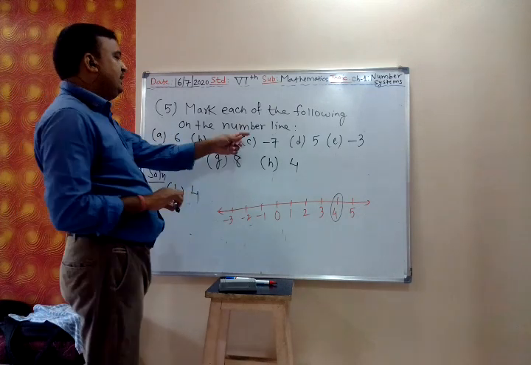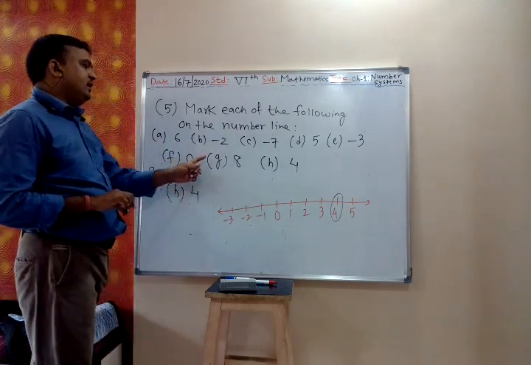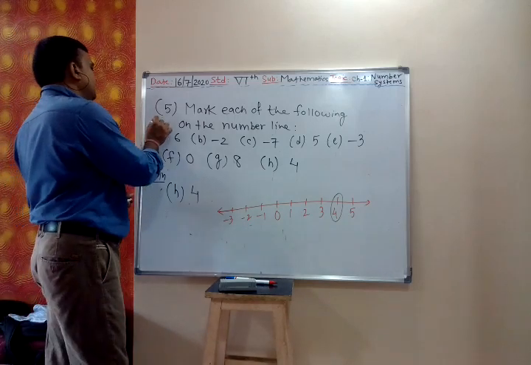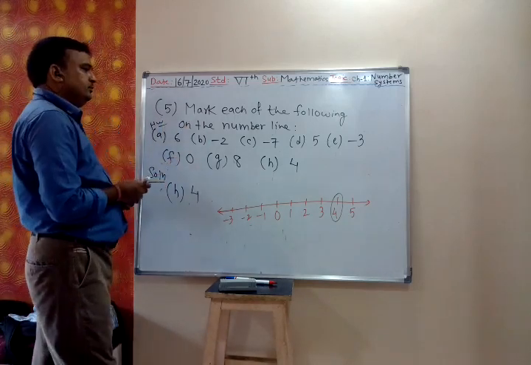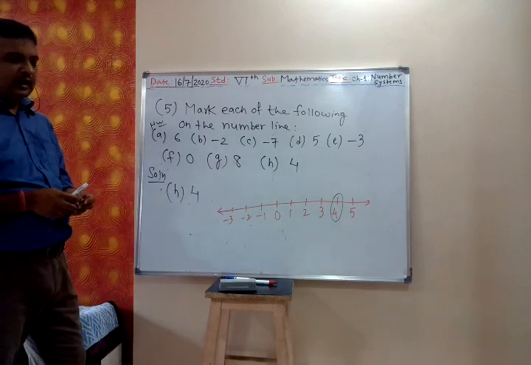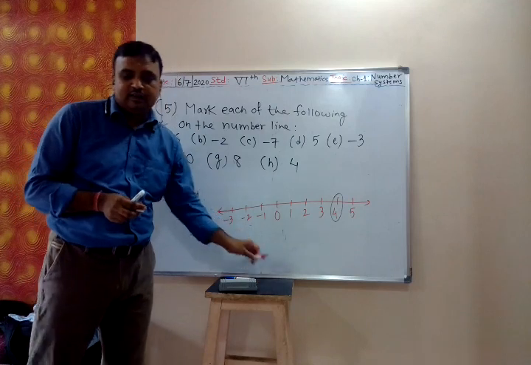A, B, C, D, E, F, G, all are homework. H I have done. How you will plot the number 4 on the number line?